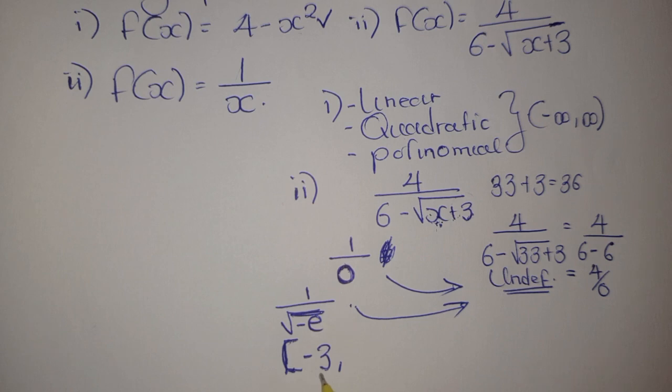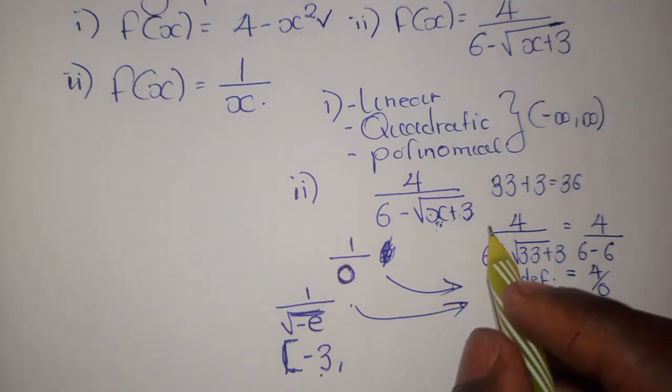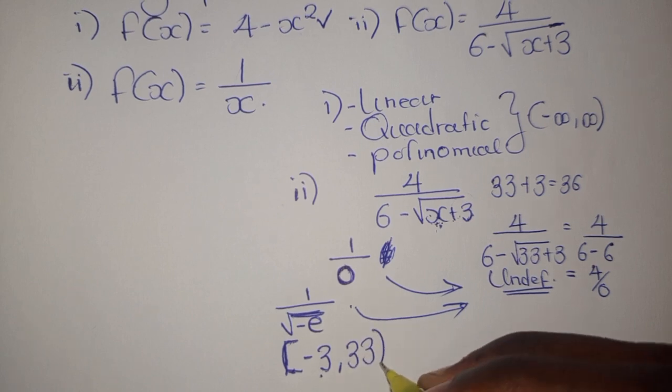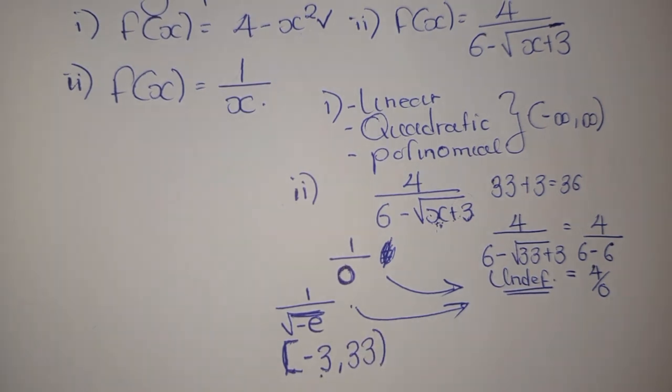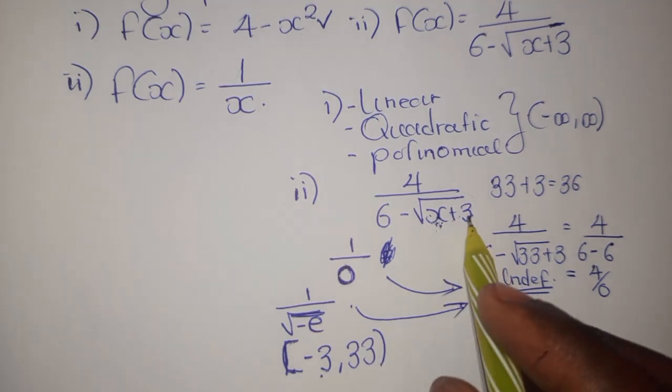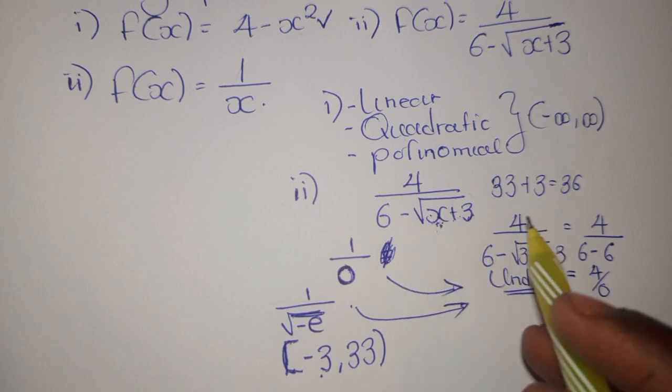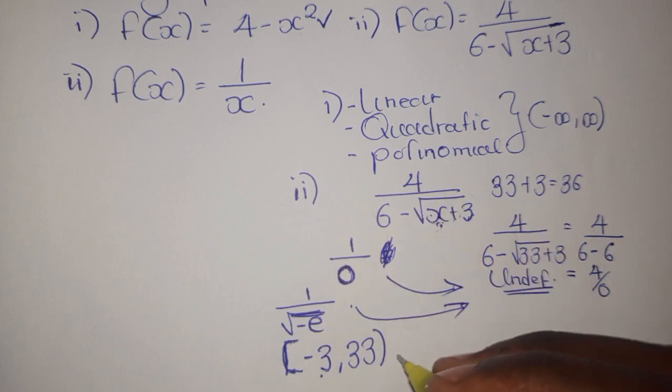So from negative 3 all the way to what? To 33. But 33 exclusive. So we'll put an open interval. Why? Because if we put 33 to be 36, the square root, which is 6, minus 6, will make this undefined.